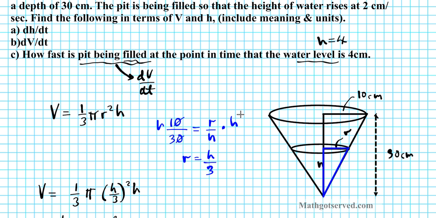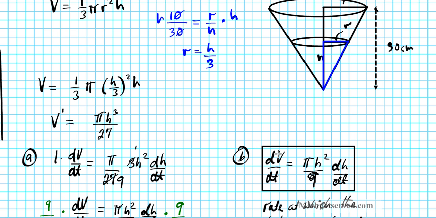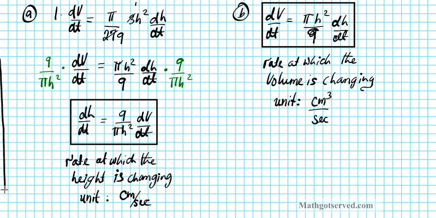Remember, we already know the rate at which the water level rises is 2 centimeters per second. So this one is dh/dt. We're just going to plug in dh/dt and h into our dV/dt formula, and then use that to find dV/dt.